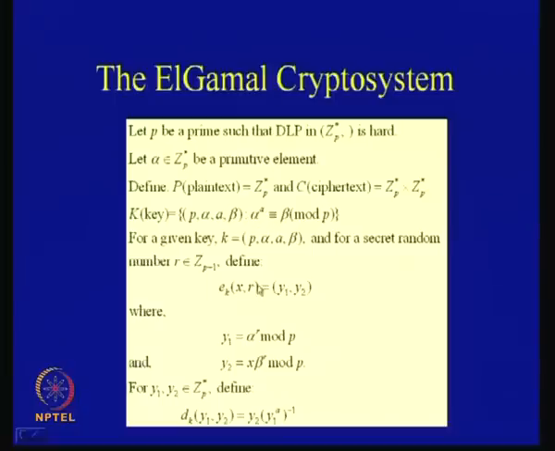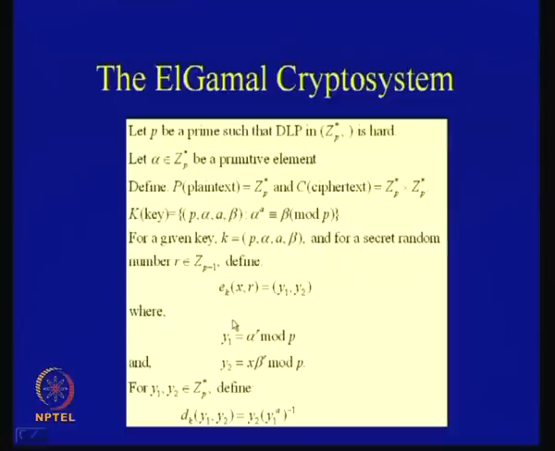The idea is quite simple. When you are trying to encrypt x, you choose a random number r which belongs to Z_{p-1}. So Z_{p-1} means it lies from 0 and continues till p minus 2. We choose an r which belongs to Z_{p-1}, and using that we encrypt the value of x. Remember that r is a random choice.